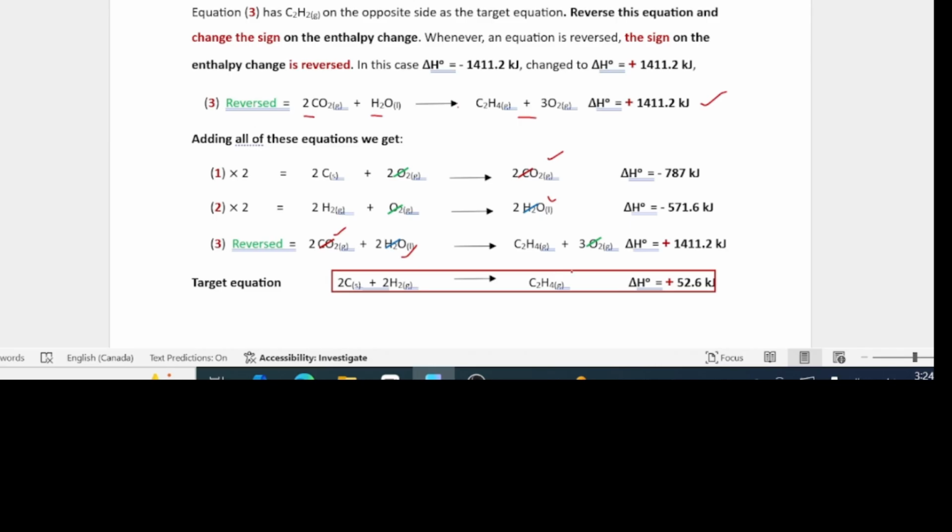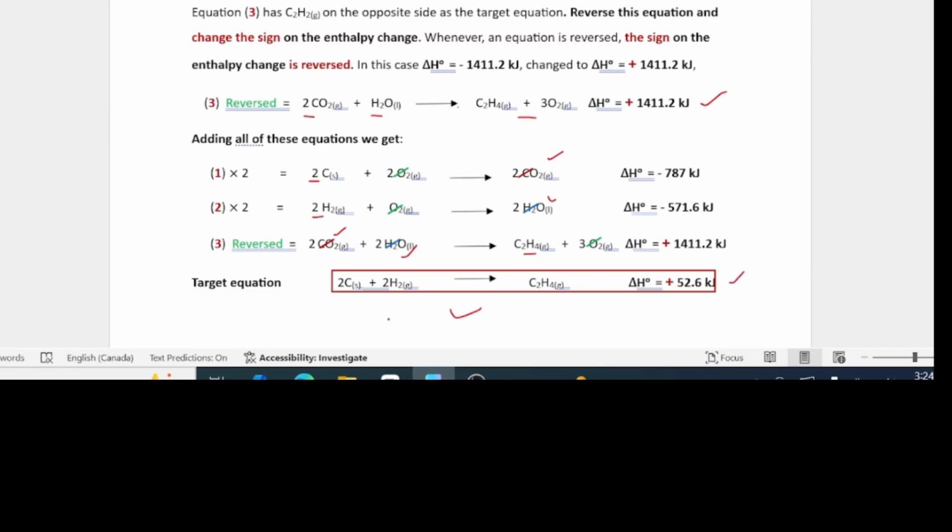So what you're left with are these. You're going to have 2 moles of carbon with 2 moles of hydrogen, and on this side you're going to have 1 mole of ethene alone. And when you add all of these up together, you get that amount of energy.